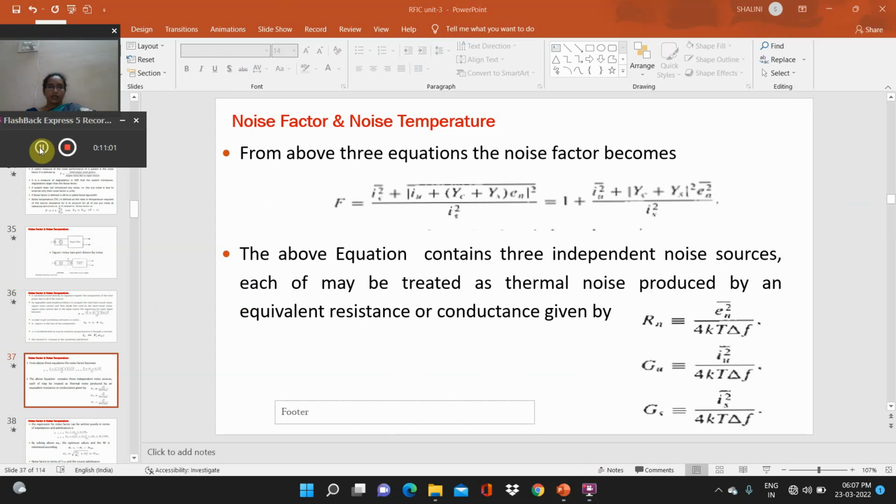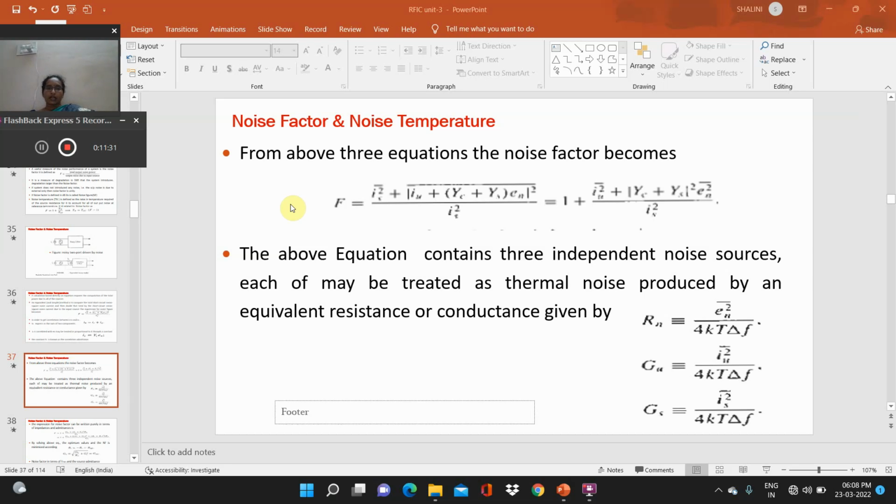From the above figure and the above three equations, the noise factor becomes F is equal to I_s square plus |I_u plus (Y_c plus Y_s) E_n| square by I_s square, which is equal to 1 plus I_u square plus |Y_c plus Y_s| square E_n square by I_s square.